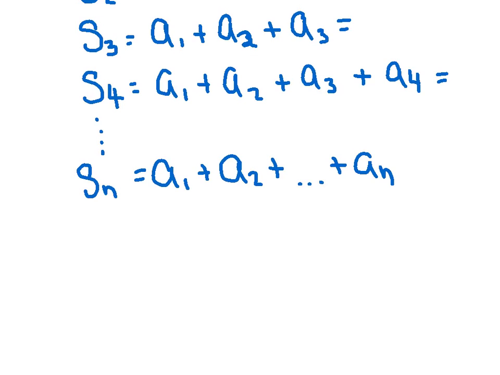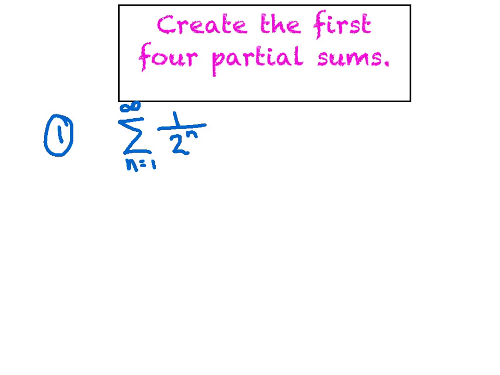Then we could continue in that direction towards infinity and find the infinite sum of the first infinity terms. Our first example tonight is asking us to find the first four partial sums of a given series.